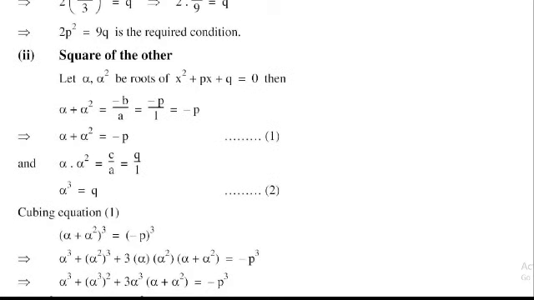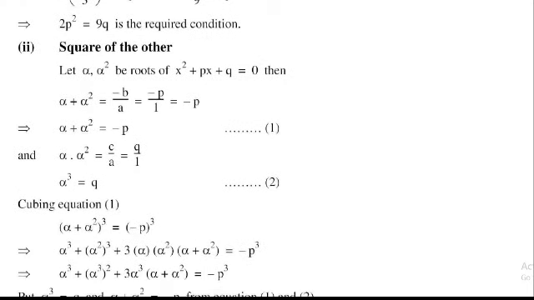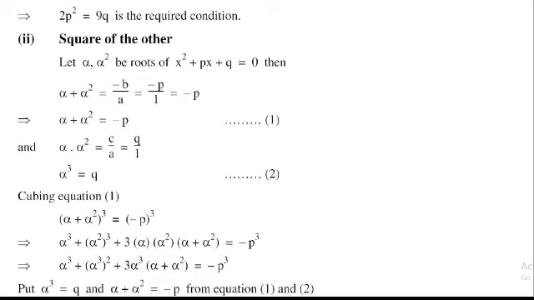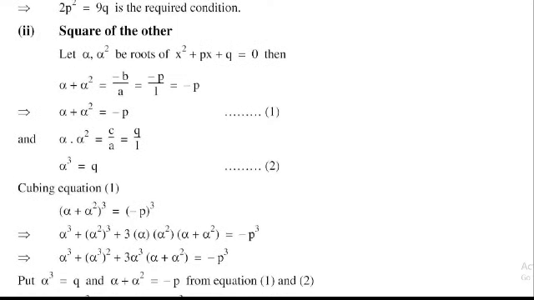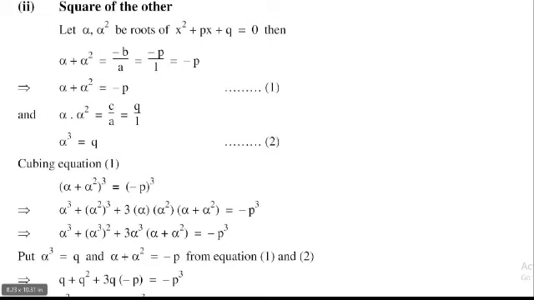So alpha cube plus alpha cube whole square plus 3 alpha dot alpha square, that is alpha cube, into alpha plus alpha square is equal to minus p cube. Put alpha cube is equal to q and alpha plus alpha square is equal to minus p from equations 1 and 2. So q plus q square plus 3 q into minus p is equal to minus p cube.